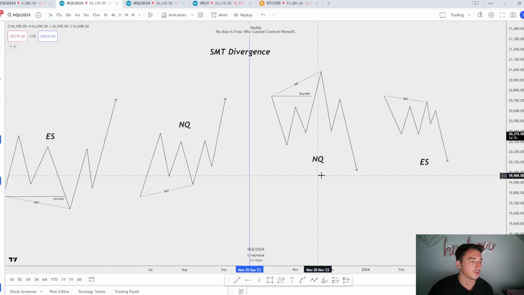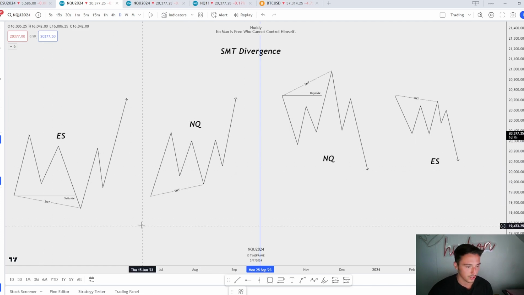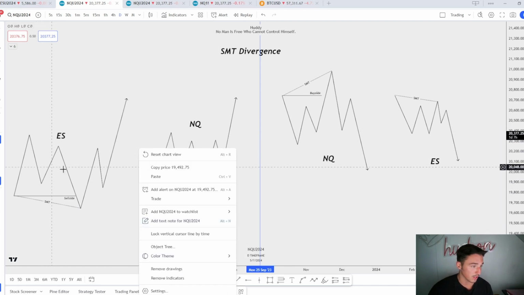Now, which one do you want to enter on? Preferably, but it doesn't need to be, enter on the stronger or weaker asset. So in the bullish example, NQ doesn't take the low, so try to enter on NQ. In this example, try to enter on the ES. Obviously, you don't have to. If you enjoy trading NQ more than ES, take the trade on NQ. If you like trading ES more, take the trade on ES.